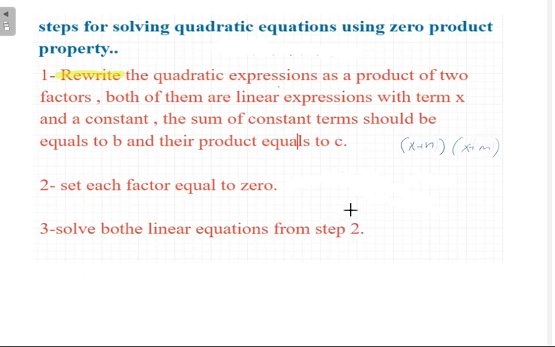So how do I get these constants? The product of those constants must equal c, and the sum of the constants equals b, the middle term.